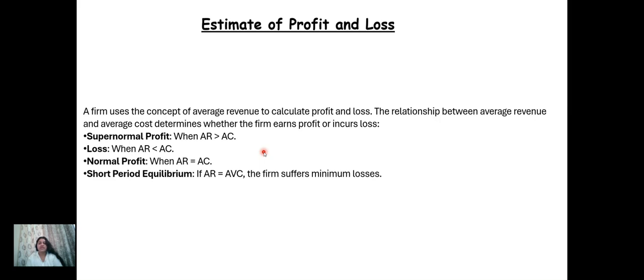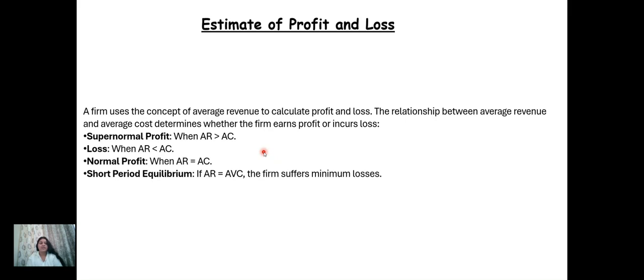When average revenue and average cost are equal to each other, it shows normal profit. And when marginal revenue equals marginal cost, the firm suffers minimum losses. This is the short period equilibrium.